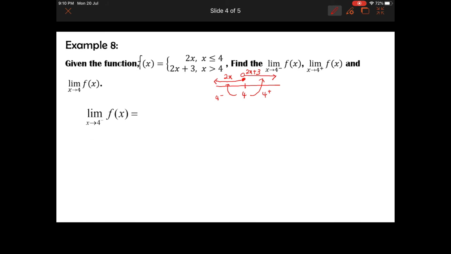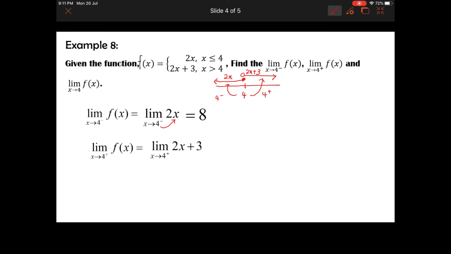Now we can answer the question. First, for the limit as x approaches 4 from the left, we have 2x as our function. Once again, directly substitute the limit value into the function, and we're going to get 8 as our final answer. Second, for the limit as x approaches 4 from the right, our function would be 2x plus 3.